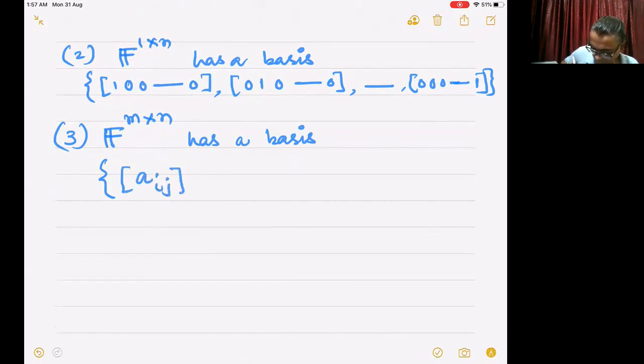This is the matrix that is formed by Aij's, that is A11, A12, and so on, the standard understanding. Let me write this properly.